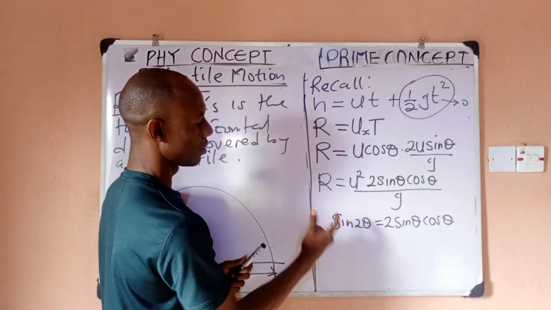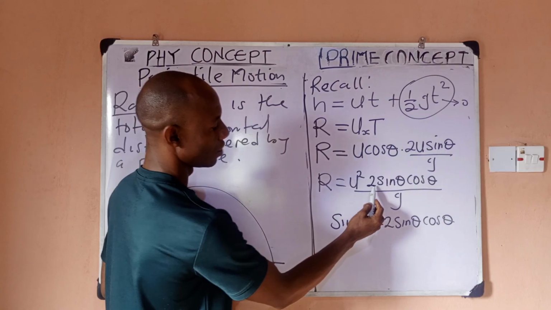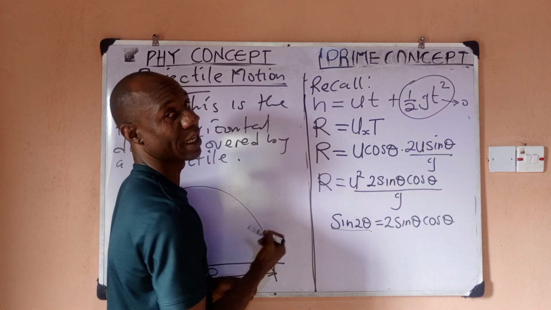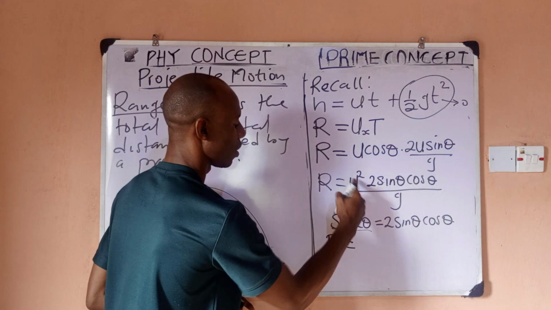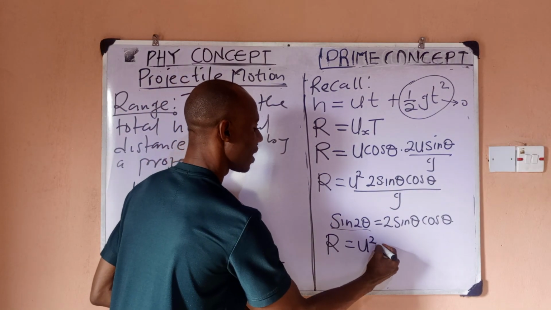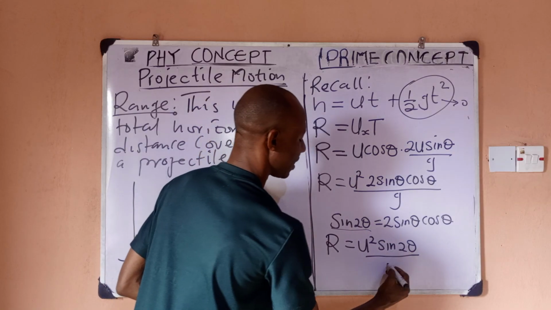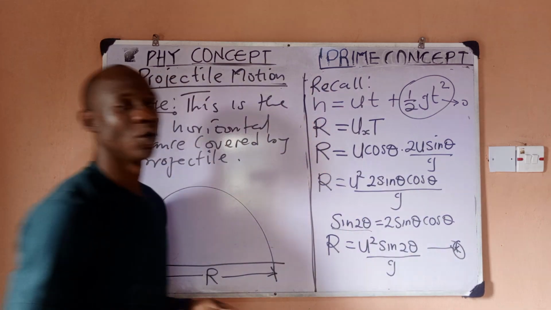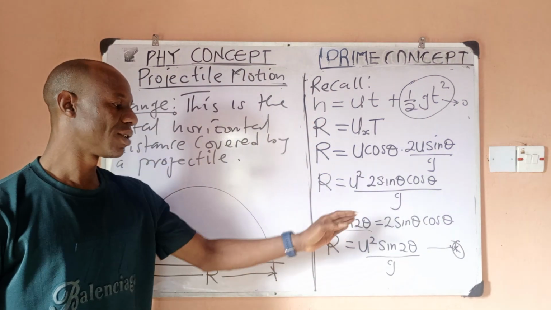Sine 2 theta is 2 sine theta cos theta. So in place of 2 sine theta cos theta, I'll be writing sine 2 theta. So that my formula reduces to R equals U squared sine 2 theta, all divided by g. And this is my formula for finding the range, total horizontal range. R is U squared sine 2 theta over g.